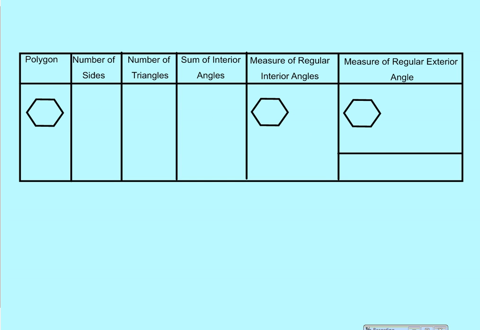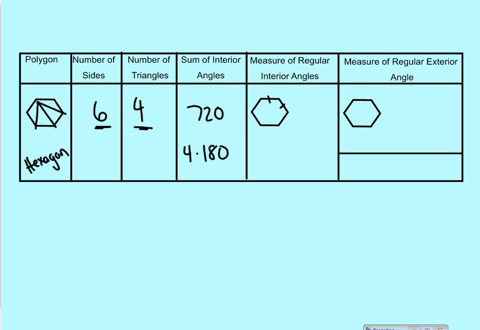So 6 sides. Hopefully you're starting to see what we're talking about. 6 sides is called a hexagon. How many triangles? It doesn't matter where I start from. Just draw the diagonals as many as you can. That's 4 triangles. Are you noticing that the number of triangles is always 2 less than the number of sides? That's not a coincidence. So I need 4 times 180, and that's 720.